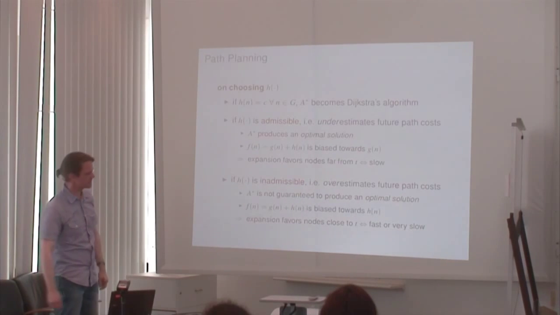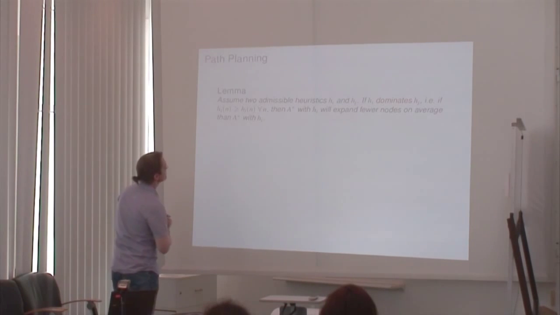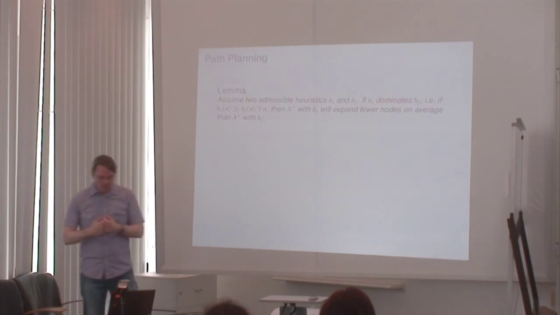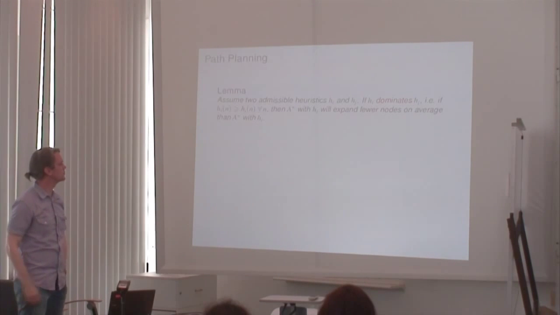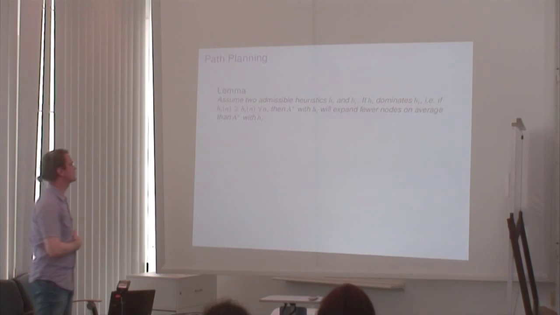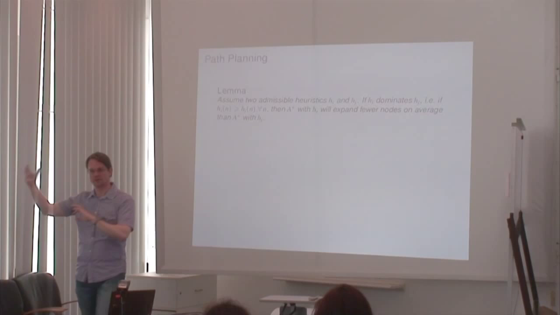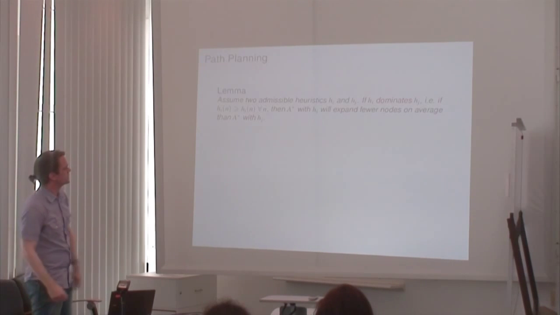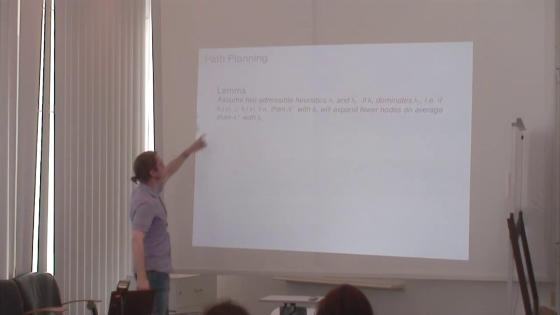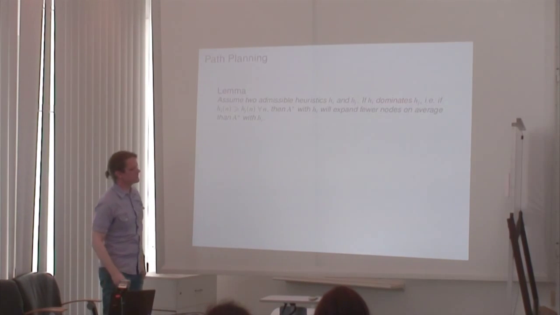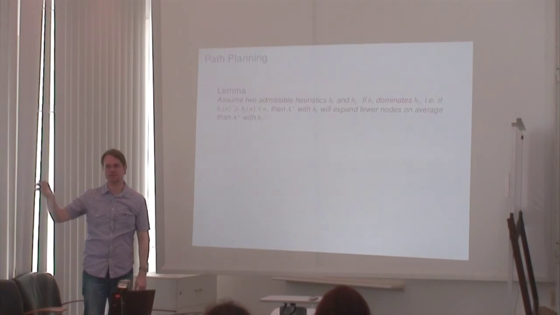This is dangerous. However, we can say more about these heuristic functions. We can prove, and I'm just sketching this here, that let us assume there were two admissible heuristics. Let us call them Hi and Hj, so two different functions that estimate the future path cost. We say that Hi dominates Hj if it gives a larger or equal value for any vertex n.